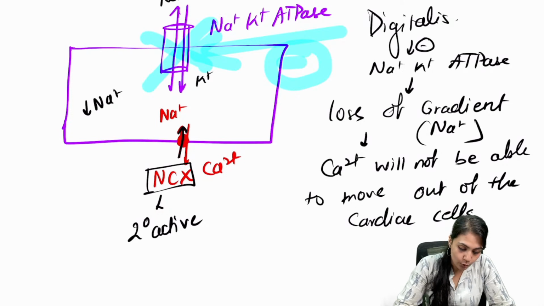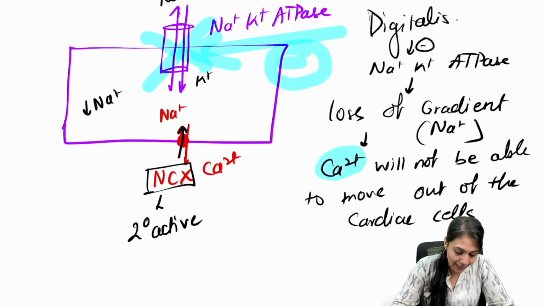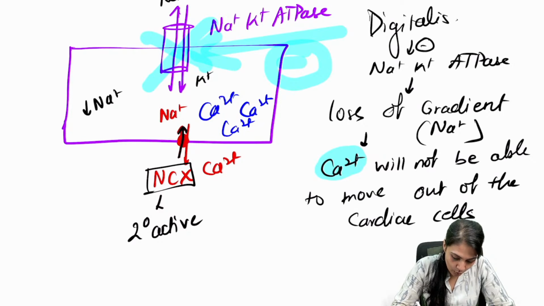This calcium, I told you, is very, very important for the contractility. So what is going to happen? The calcium starts to accumulate inside the cell. Calcium won't be able to move out, right?